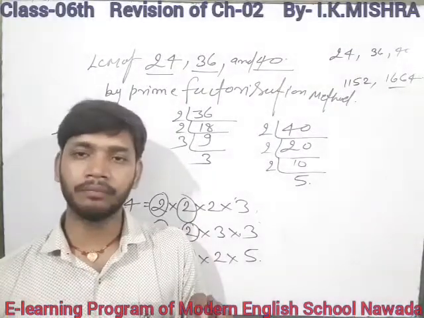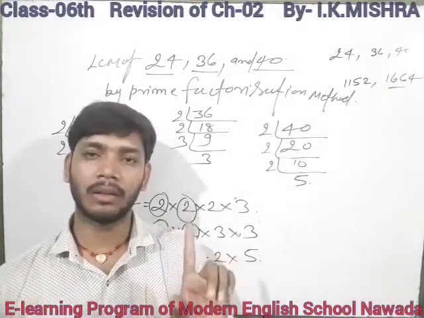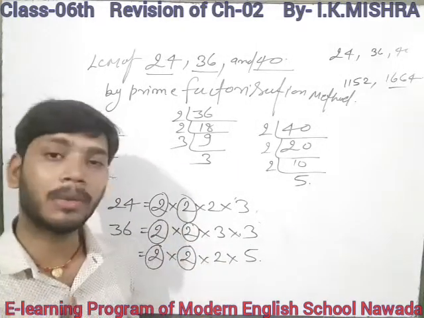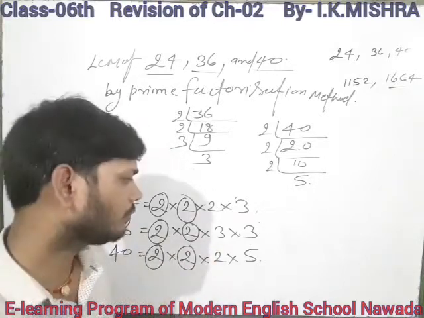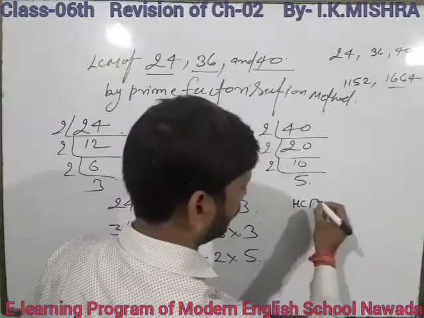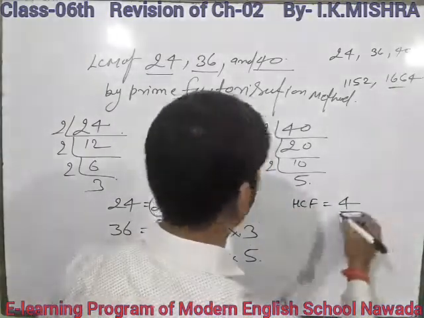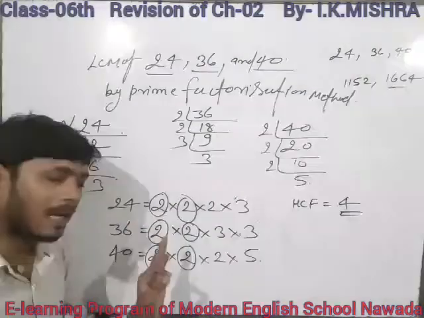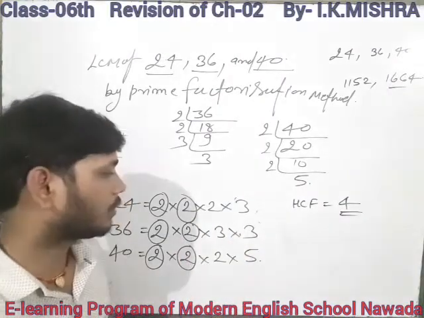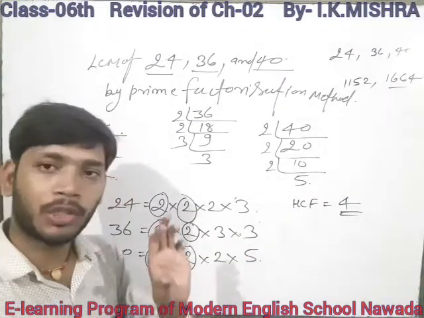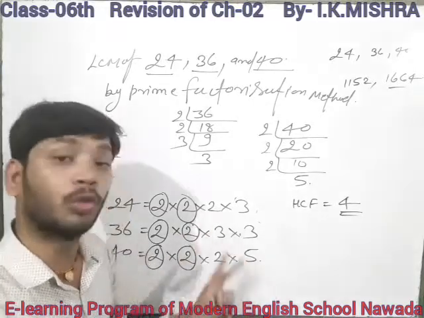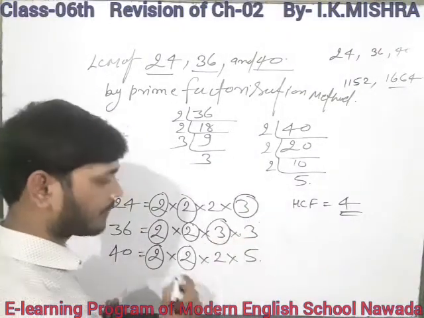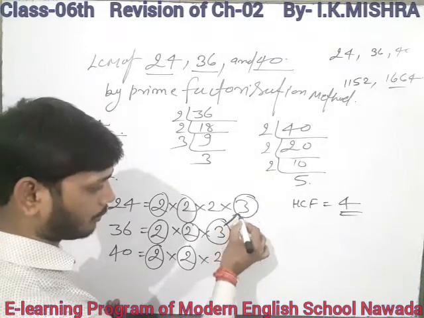Students, in the LCM you write all the factors which are common, one time. That means write first of all its HCF. Here HCF is equal to 4, that means 2 into 2. For finding the LCM, after that observe which factors are common in at least two numbers. Here 3 and 3 is common in both of these.